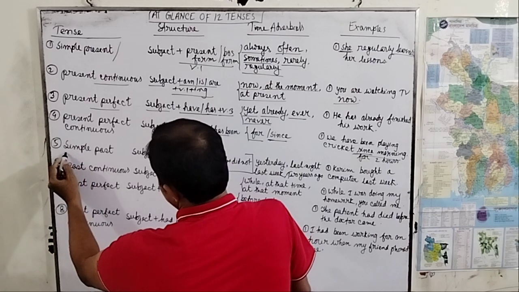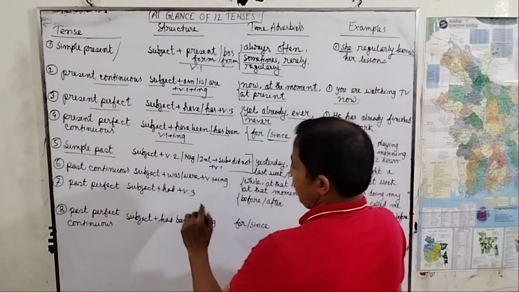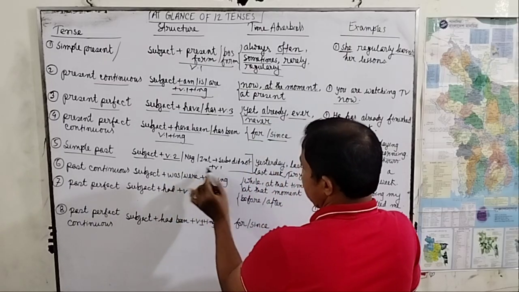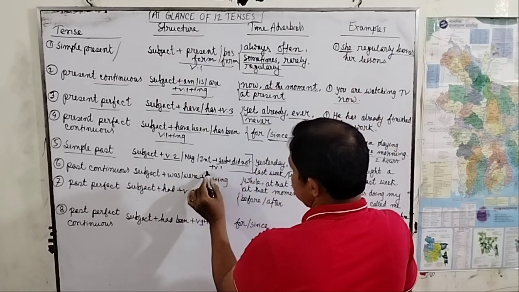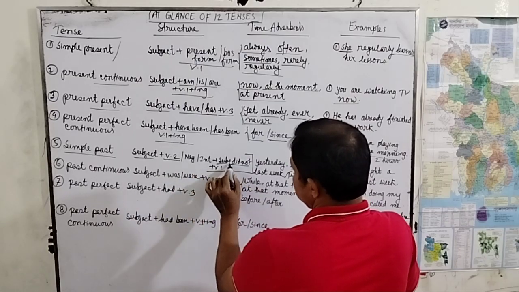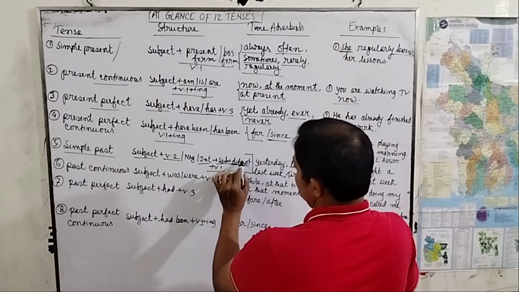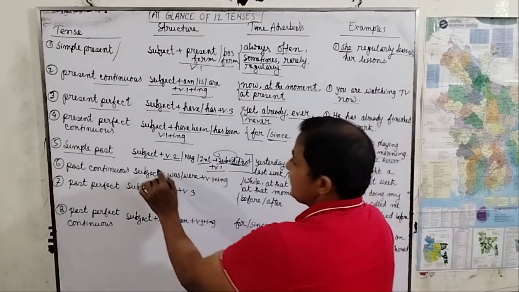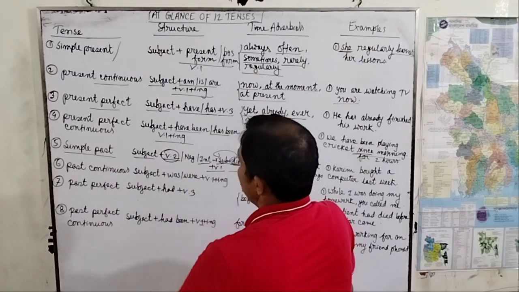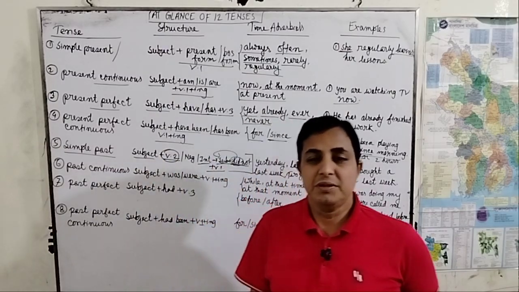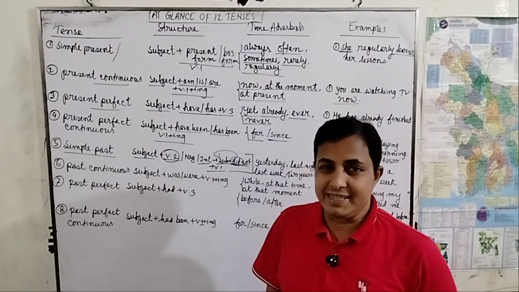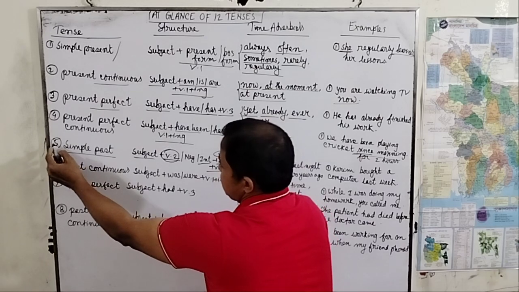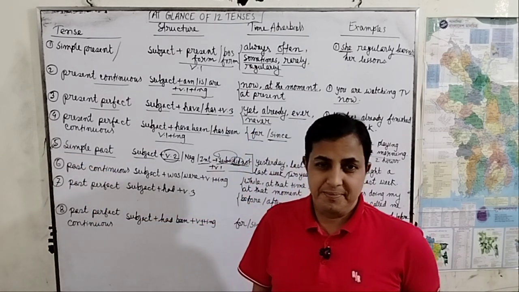Now, past indefinite or simple past. Simple past, affirmative form: subject plus V2. But negative or interrogative: subject did not V1. That is the negative. Follow these rules. For interrogative, you have to use did before the subject. But specially, the verb form of past, that is V2, the past form, is used in only one tense: simple past affirmative form.